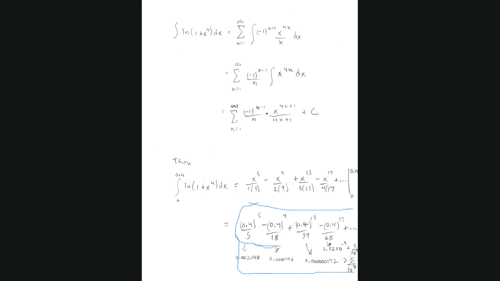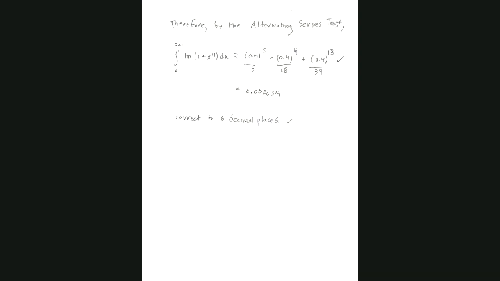Showing this work, where you're applying the alternating series estimation theorem by evaluating each term, and then seeing which term is less than, in this case, 5 over 10 to the 7th power, and then stopping there, is an important part of your work, and you do need to show it to get the full credit for the problem.